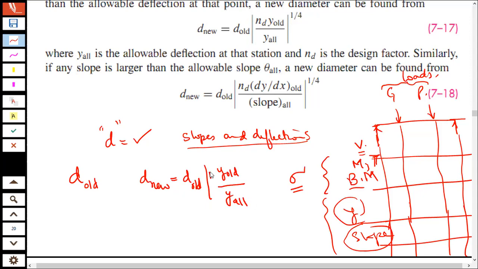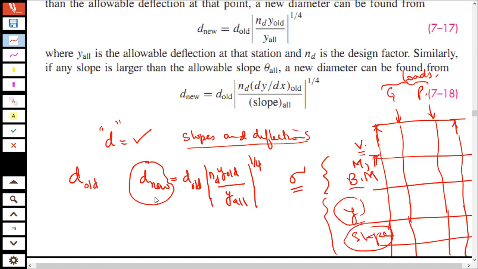And multiplied by the design factor, and to the power 1 over 4. So this will give you a new diameter that will not have that much deflection.